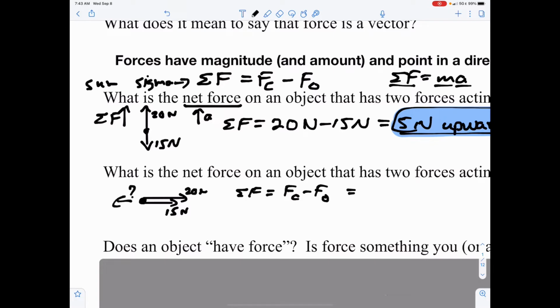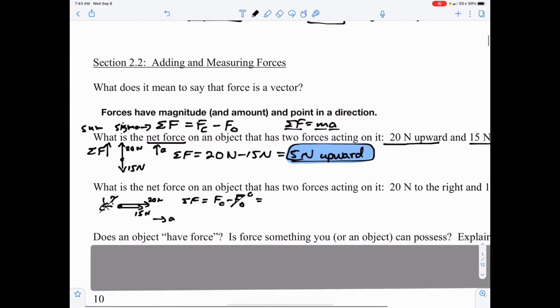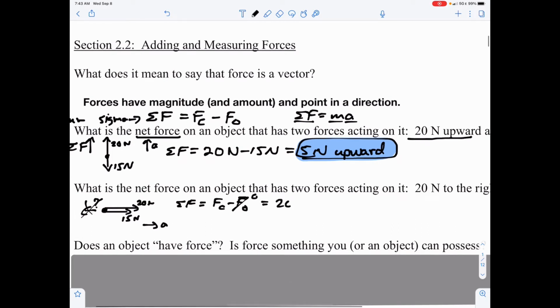You don't have any opposing forces. You essentially have two causing forces because both of them cause the acceleration that will be pointing to the right. Since the forces are pointing the same way, we add them together. Opposite ways we subtract, same ways we add. And we get 35 newtons of force pointing to the right.